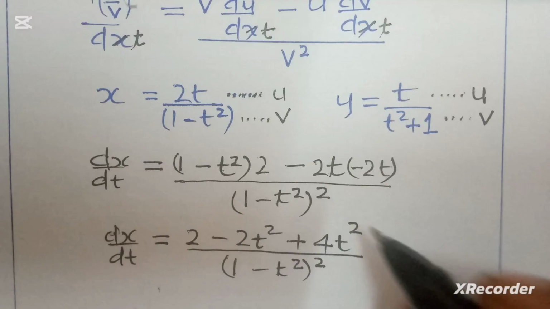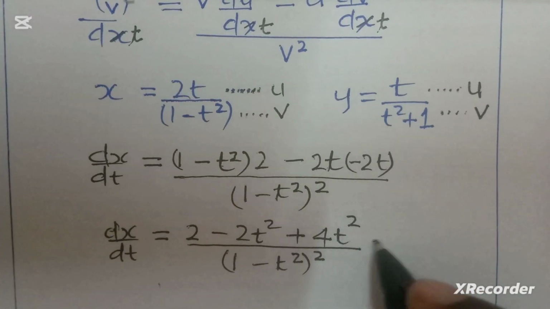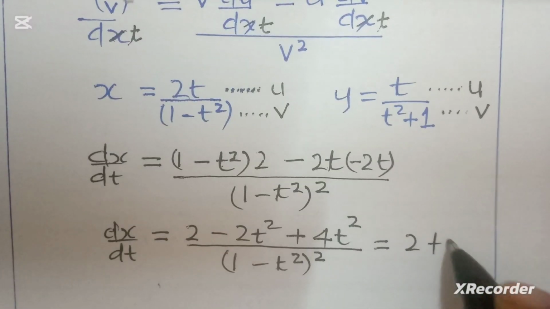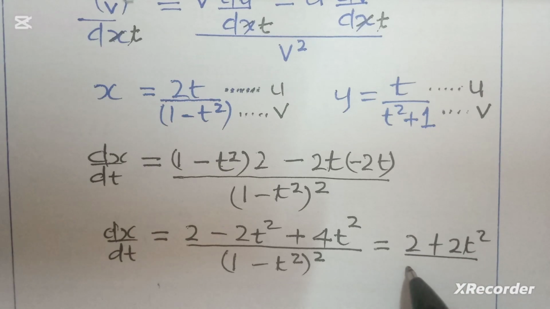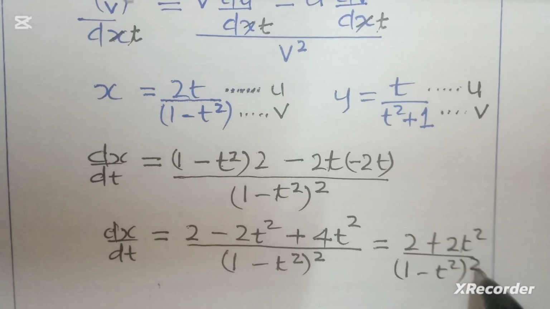So with that guys, this will give us 2 plus 2t squared all over 1 minus t squared squared.